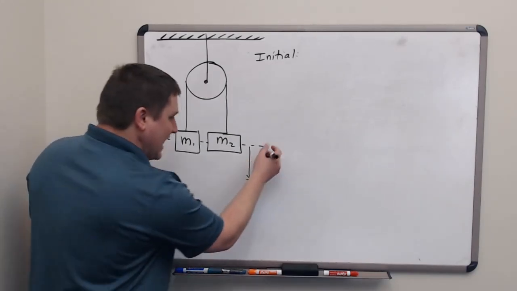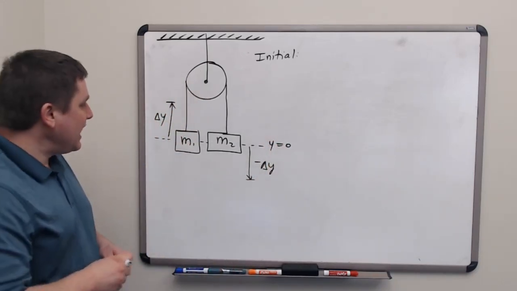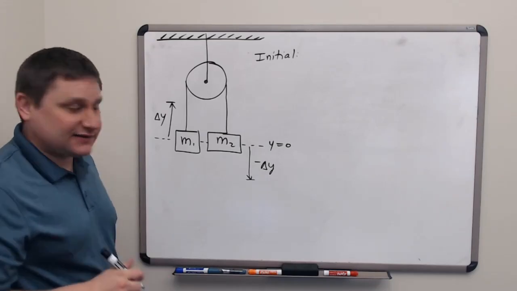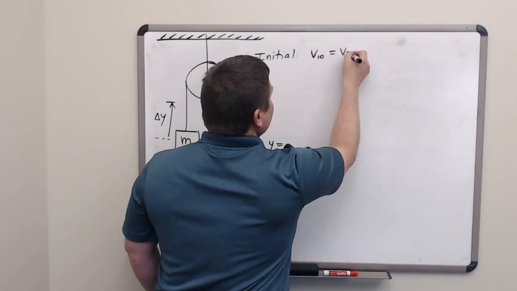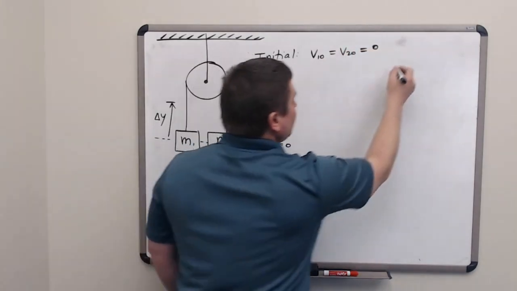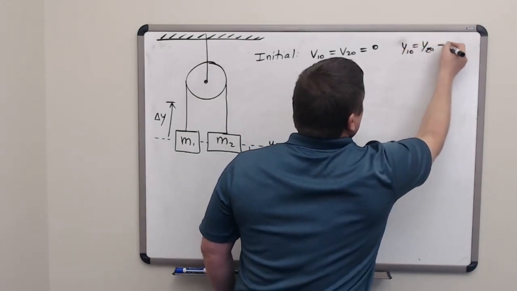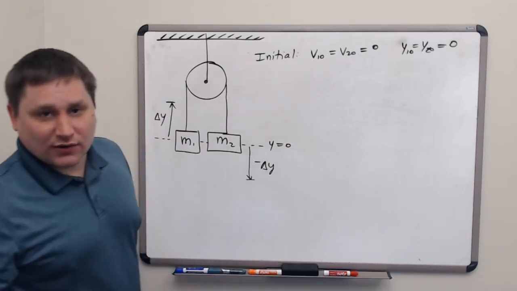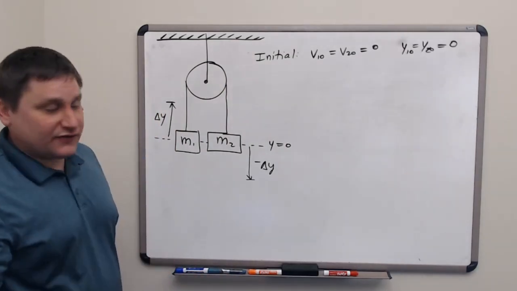So let's call that y equals 0. That seems like an okay choice. And both masses begin at rest. So their velocities, v1 and v2 in the initial state, are both 0. Both vertical coordinates, y10 and y20, are also both 0.